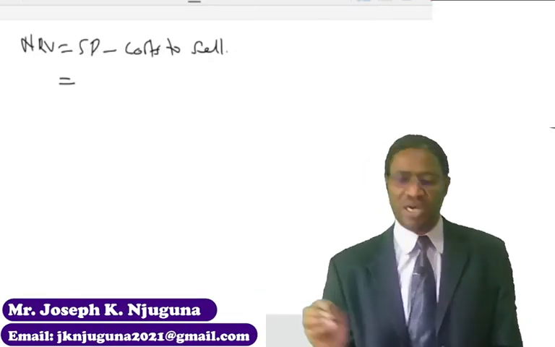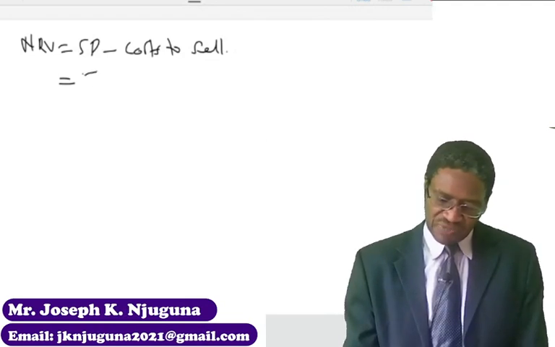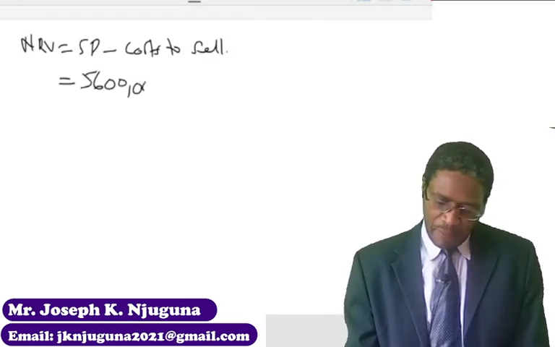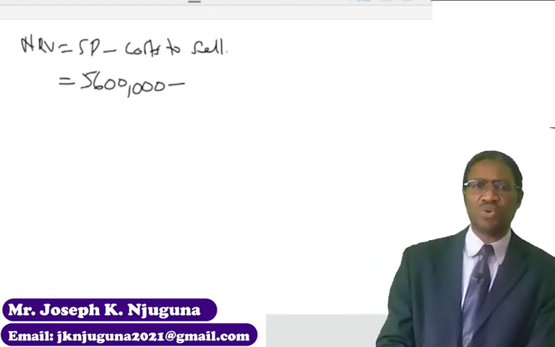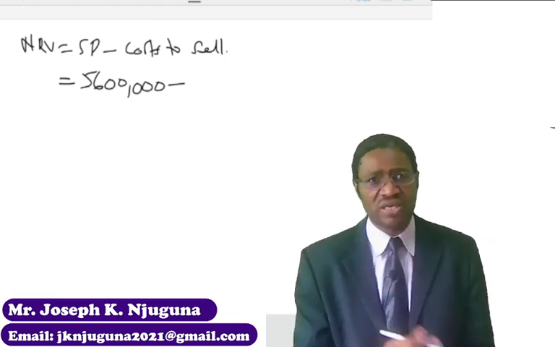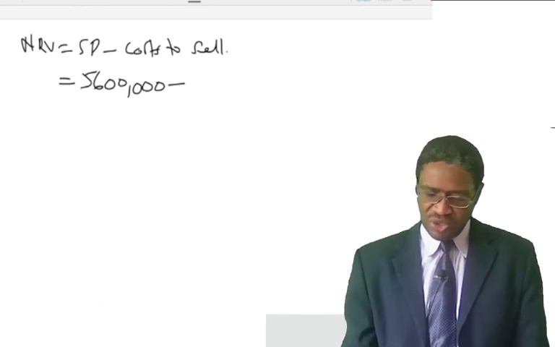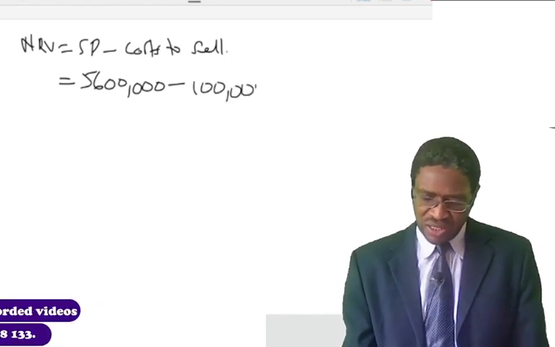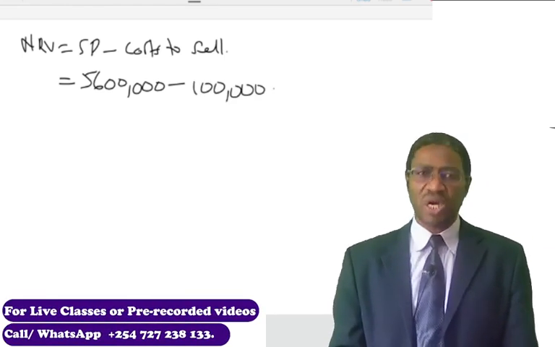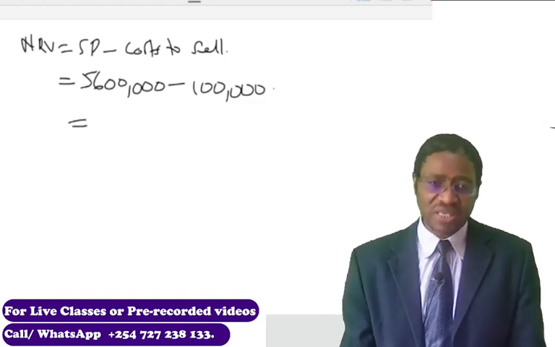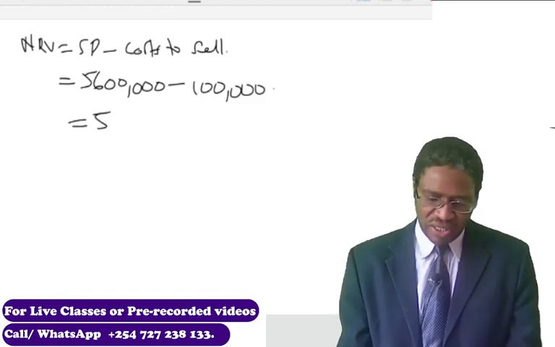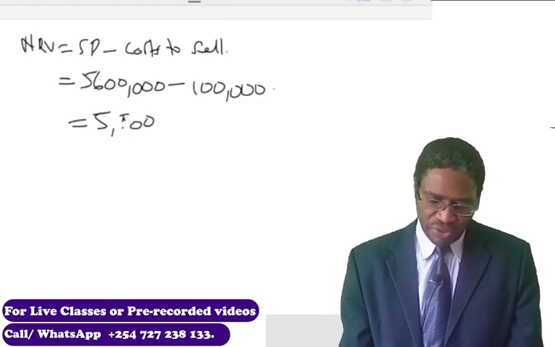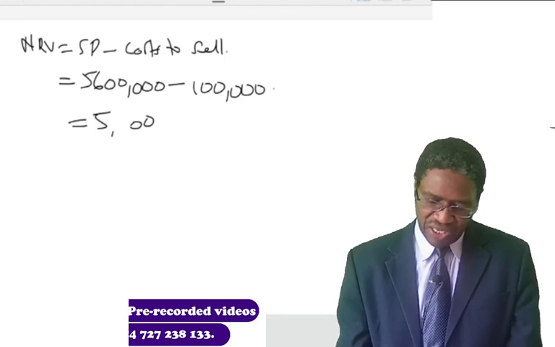So if the selling price is 5.6 million, but to realize it will cost you 100,000, therefore the net realizable value of this plant is now 5.5.